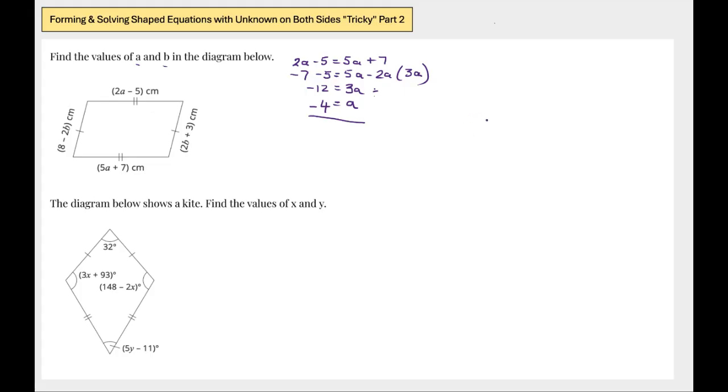So next we're going to find our B. So we've got 8 minus 2b equals 2b plus 3. So we're going to take this over there and it becomes a plus.